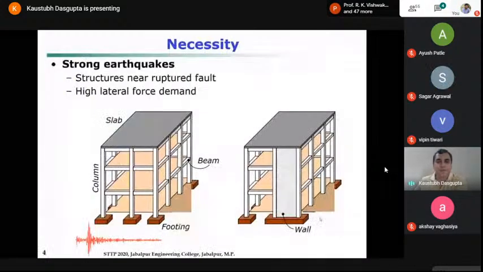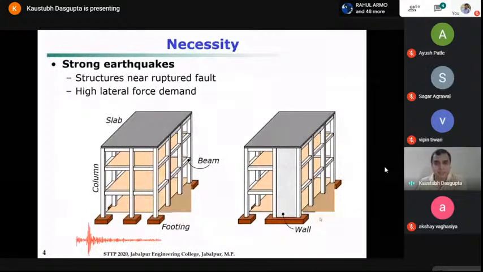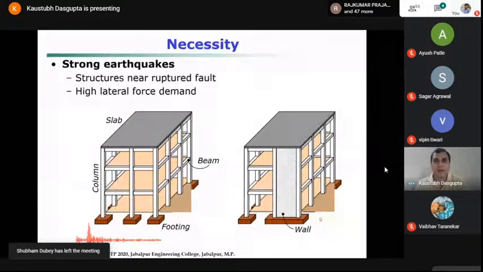So let us move to the basic configuration and what exactly is a shear wall. Typically we see most of our residential buildings or multi-story buildings in the urban areas, particularly in India, consisting of moment resisting frames.